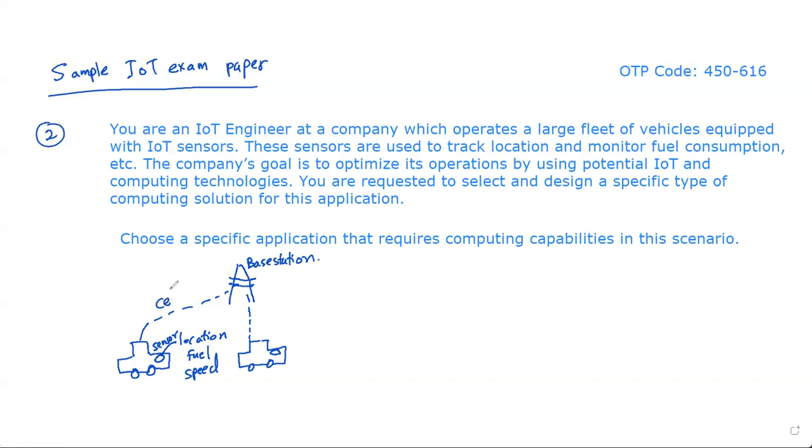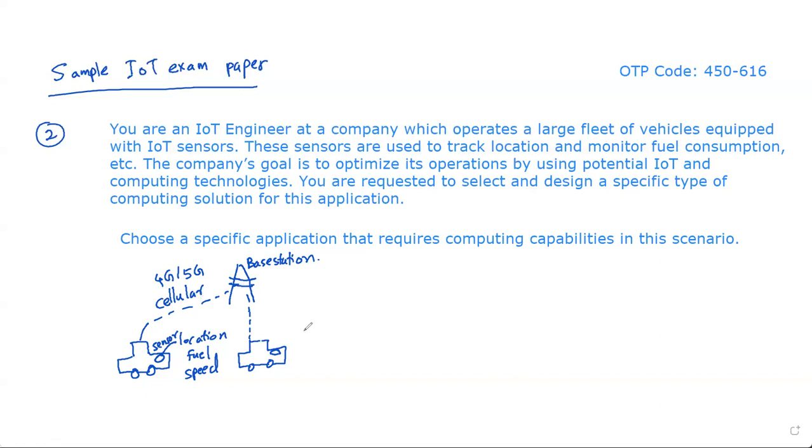It could be cellular technology, right? You know, we can use 4G, 5G cellular technologies, and we can connect with the base station, and after that we can connect with the destination device using the cellular technologies.